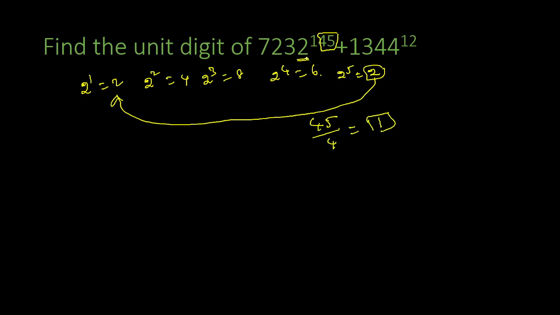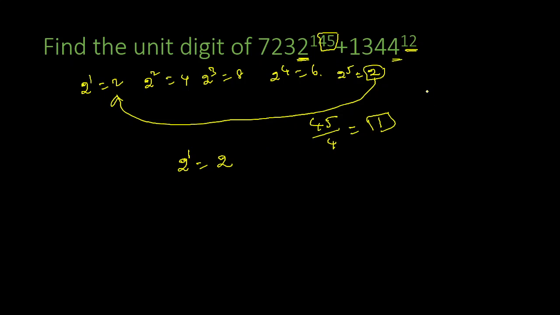So what is the unit digit here? It is 2 to the power of the remainder. The remainder is 1 here, so 2 to the power of 1 is 2. And then 4 to the power of 12.